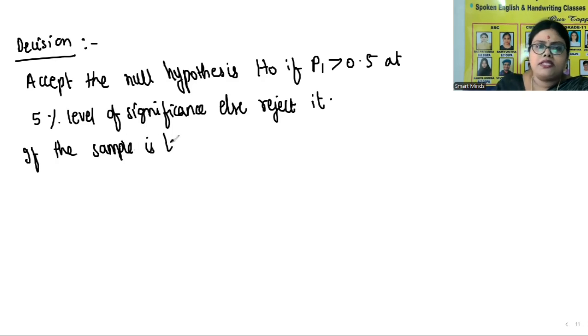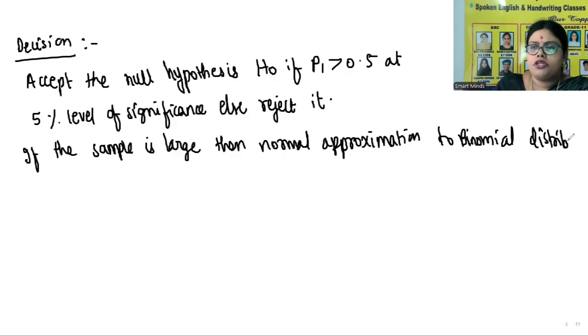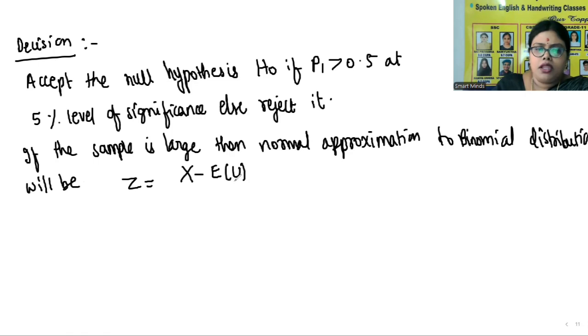If the sample is large, then the normal approximation to the binomial distribution will be z is equal to x minus E of u by root over V of u.